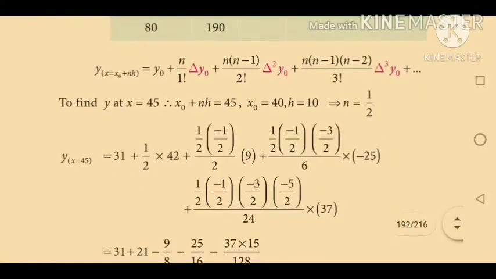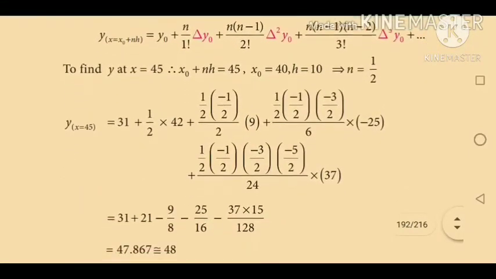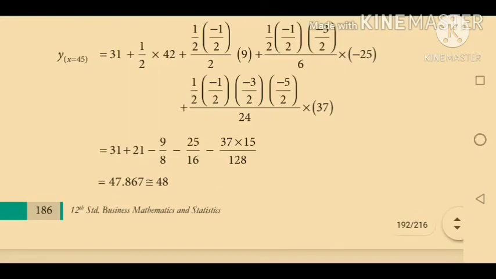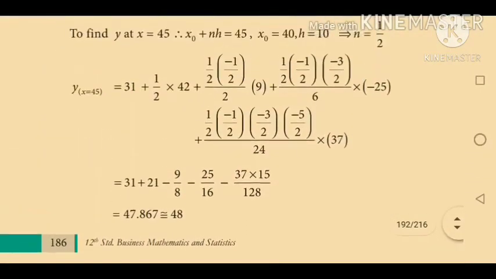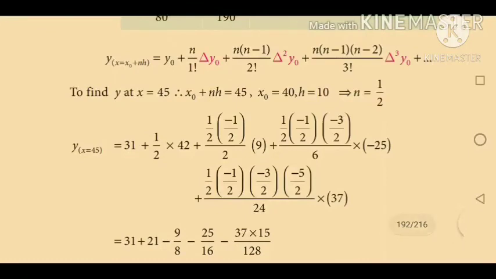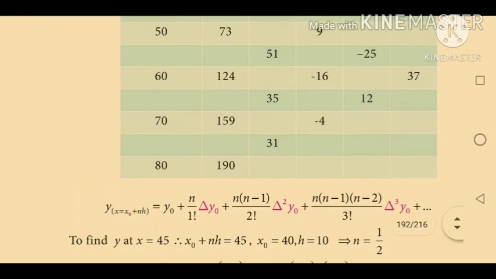After substituting and finding the value of n, you are getting the answer 48. So this way you have to apply Newton's forward method in order to find the value at the beginning of the table. If it is the end of the table, in such a case you may apply the backward method.